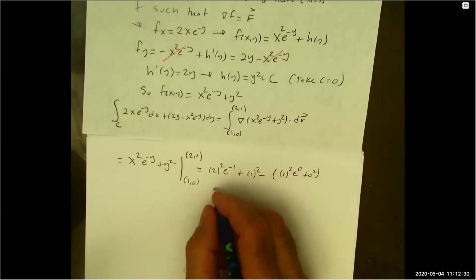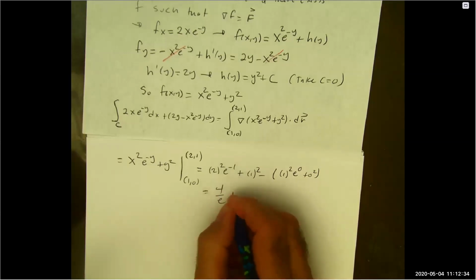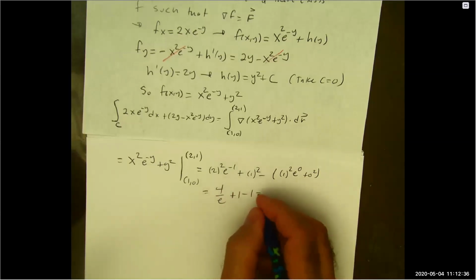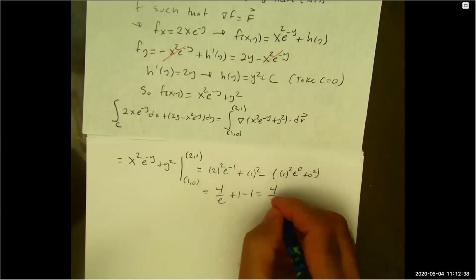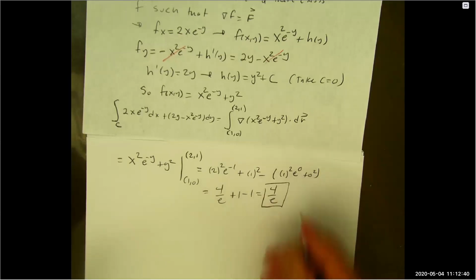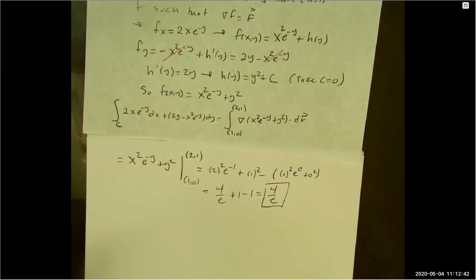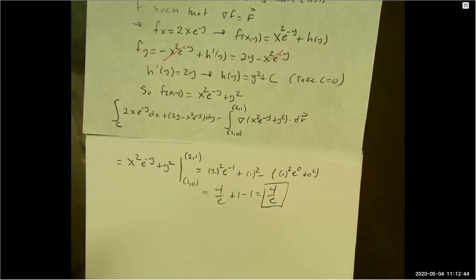And so what this is going to give me is 4 over e plus 1 minus 1, and that's equal to 4 over e. Questions on this part?